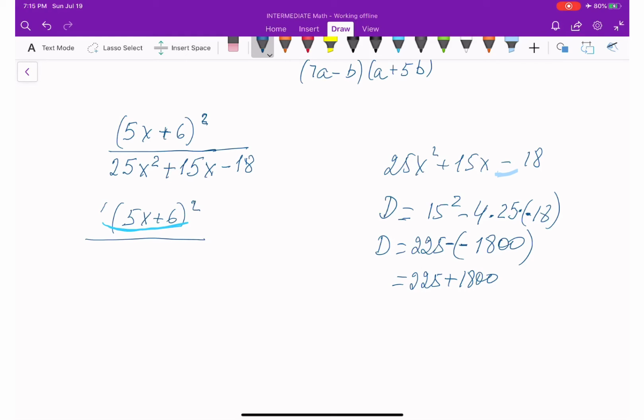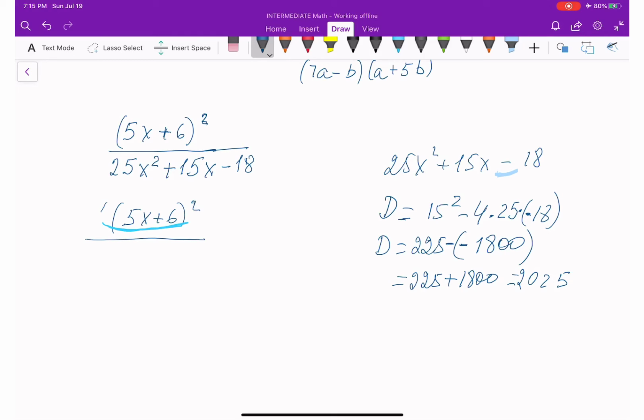All right, and we are getting 2025. Okay, I'm curious, 2025, it's going to be 45. So watch the math tricks and you will find out why I am figuring this out so quickly without any calculator.